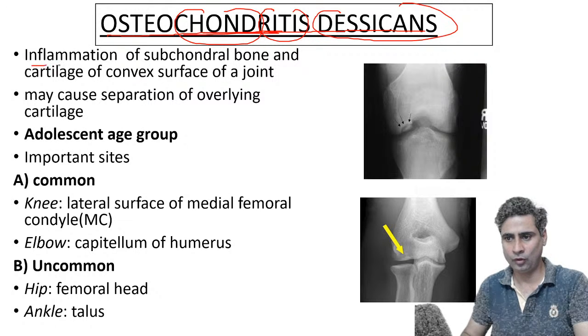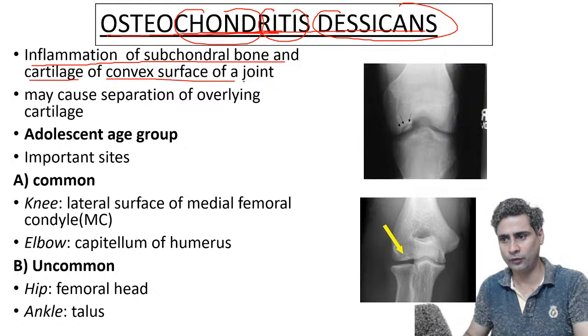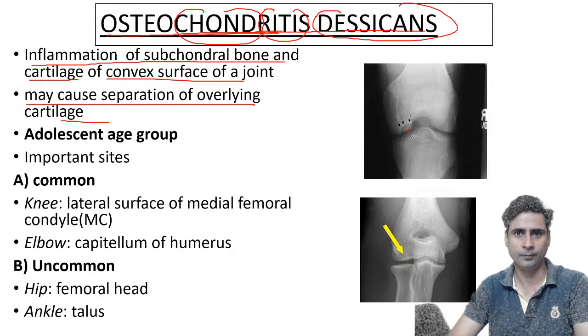So it is inflammation of subchondral bone and articular cartilage over the convex surface of a joint. Here you can see this is the convex surface of the joint, this is concave. So osteochondritis dissecans will involve the articular cartilage on the convex surface of the joint, and this can lead to separation of the overlying cartilage from the subchondral bone.